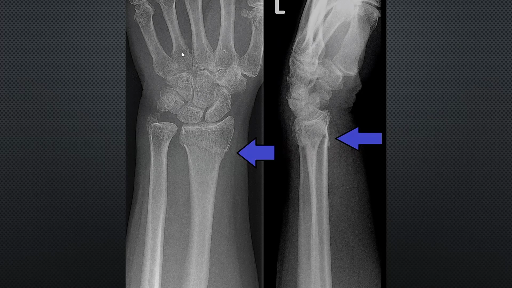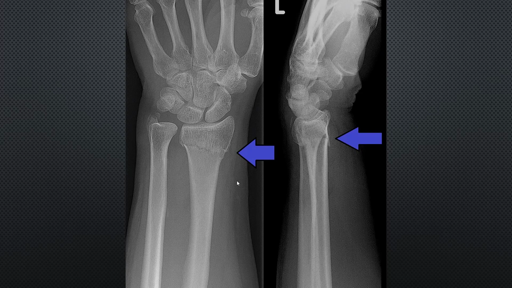Is it accurate? Yes, it's accurate. Is it adequate? It is adequate for the wrist joint. So you can say the wrist X-ray is adequate. You can see the digits, the distal and the proximal bones, and you can see the soft tissues.